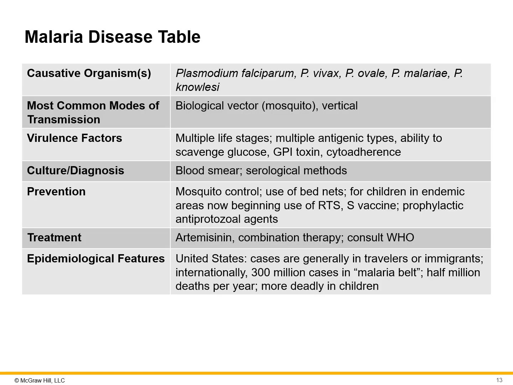So again, our table here, the Plasmodium species. These are protozoan, not bacterial, but they do need the mosquito, and it can be transmitted vertically, from mom to infant, for example. Lots of virulence factors, so it does have different stages, like the merozoite and the trophozoite, different stages of its life cycle. That allows it to change the antigens on the cell surface, so our immune system is less likely to keep up.